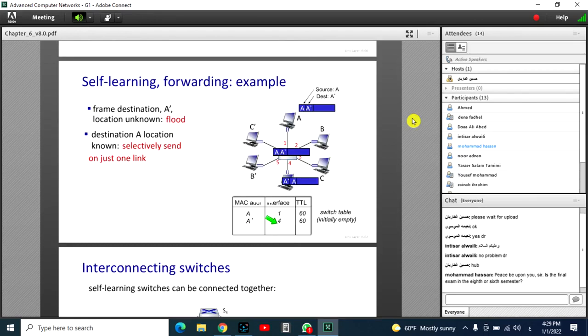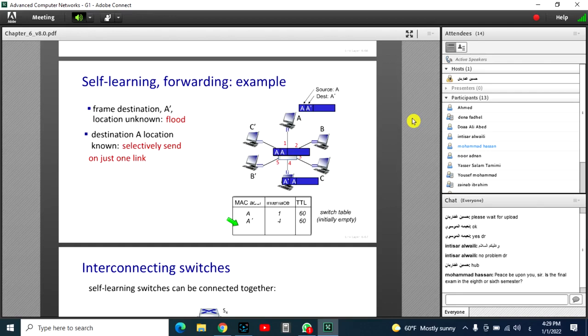The switch writes that information into its switch table. And after that, if the switch receives a frame for A prime, simply it looks into its switch table, and okay, A prime is over interface number 4. So the switch knows its destination. It just selectively sends the frame over only one link, not more. Only over one link.